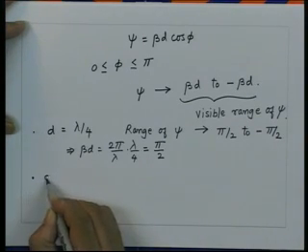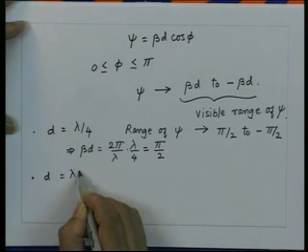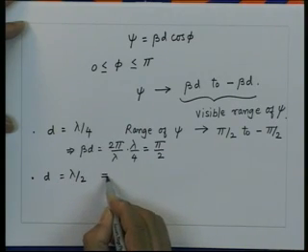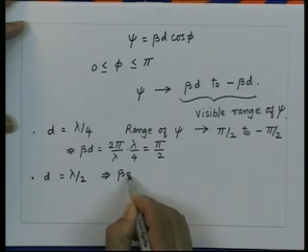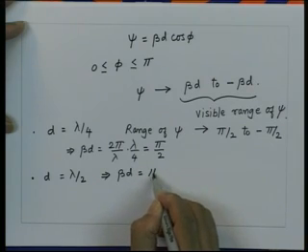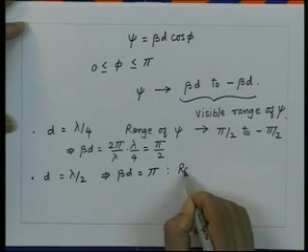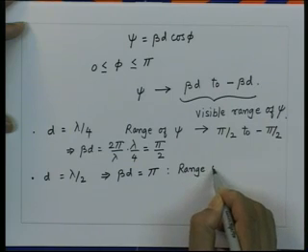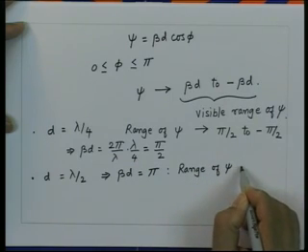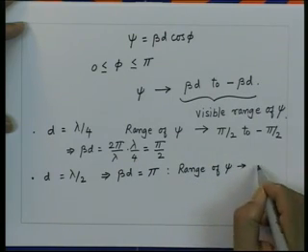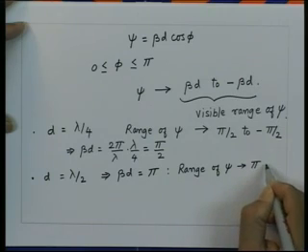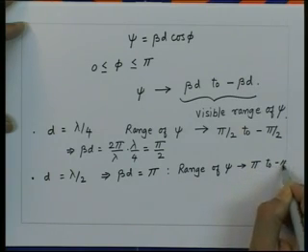If I take d equal to lambda by 2, that would correspond to beta d equal to pi. So, the range of psi would be pi to minus pi.